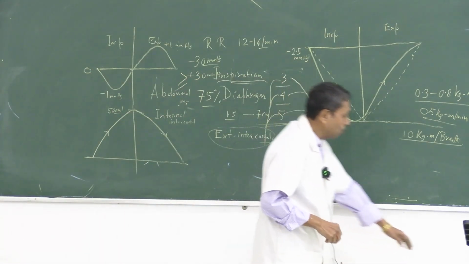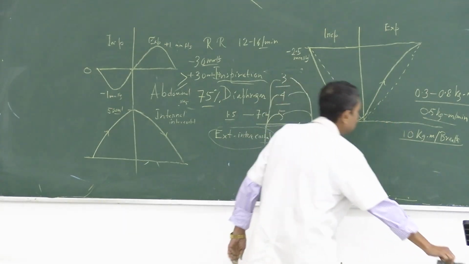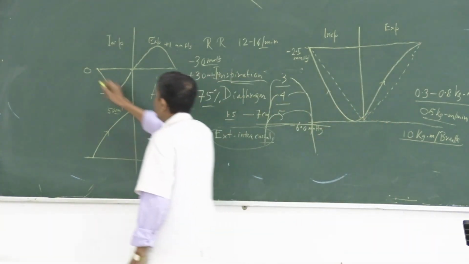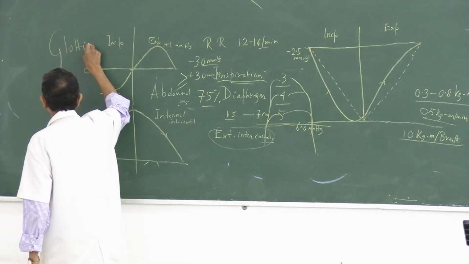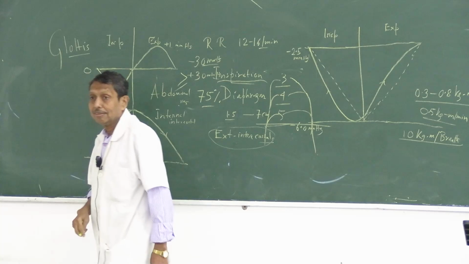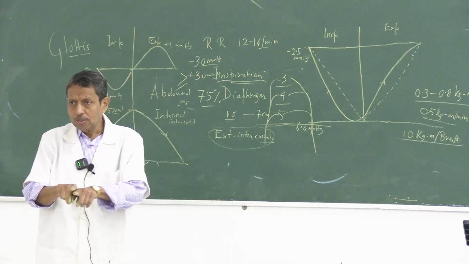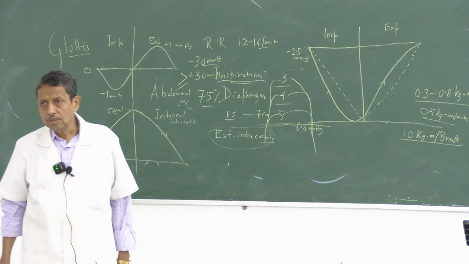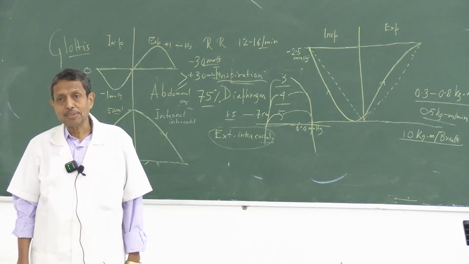Now there is the function of the glottis. Glottis is the space between the vocal cords, and there are adductor and abductor muscles.